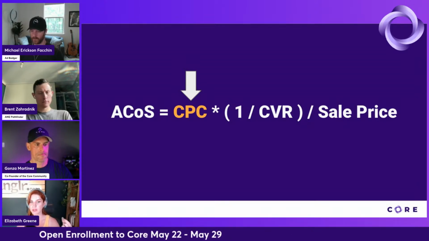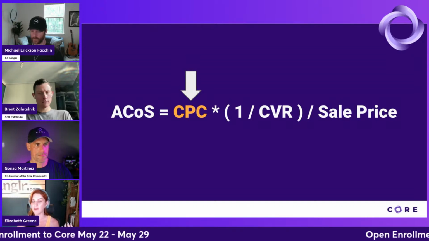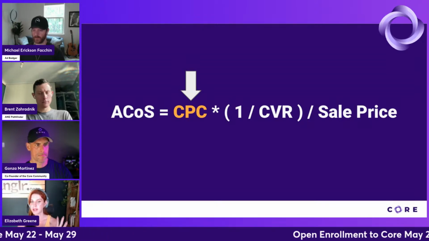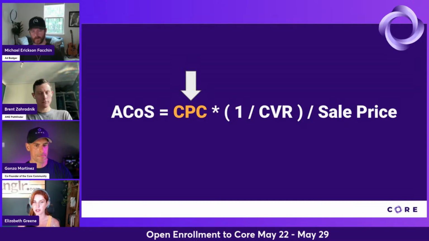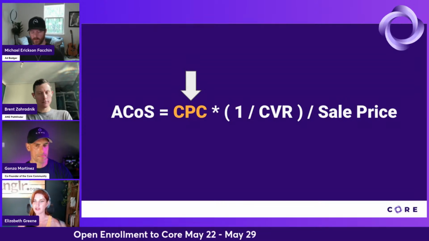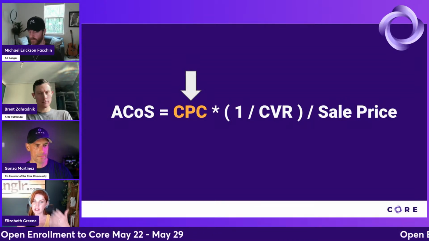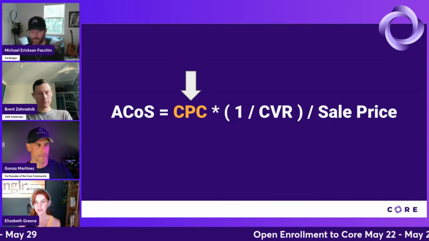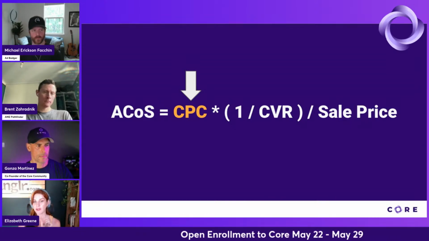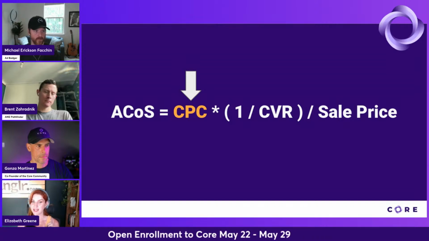Because the sale price really goes into what price you have on the product, right? That's probably not something you're controlling as an advertiser. Maybe yes, maybe no, maybe as a brand owner. But typically speaking, we're not making wild changes to our sale price, because that also affects conversion rates and a ton of other things and profitability. And then on a conversion rate standpoint, there are ways you can optimize for what is converting best.